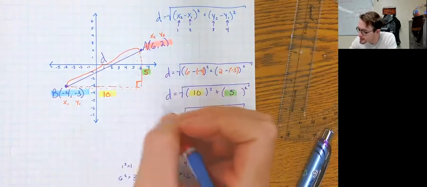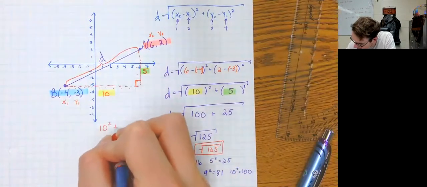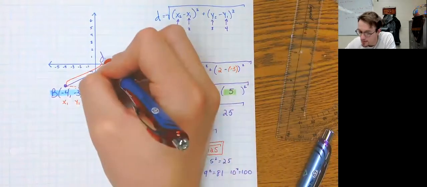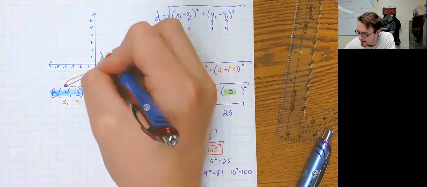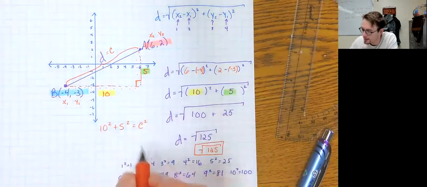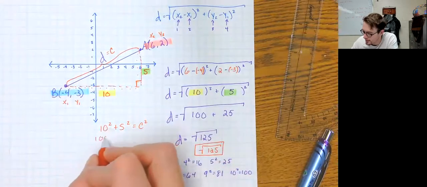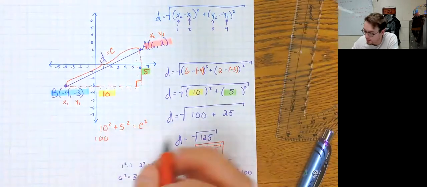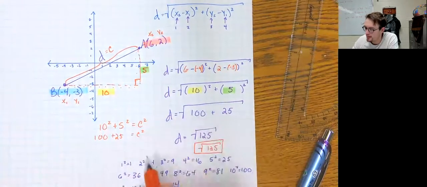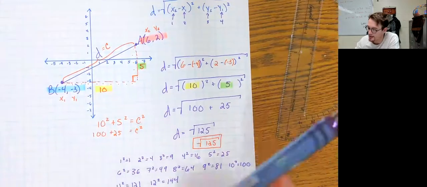So I get 10 squared plus 5 squared equals, and remember D is the same as C in the Pythagorean theorem, so I get C squared. What's 10 squared? 100. What's 5 squared? 25, equals C squared.